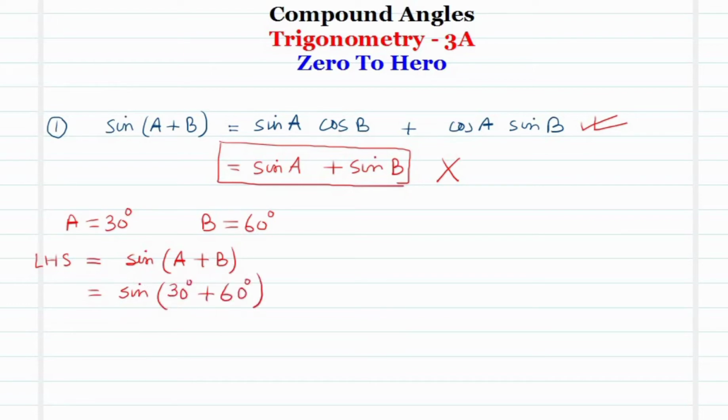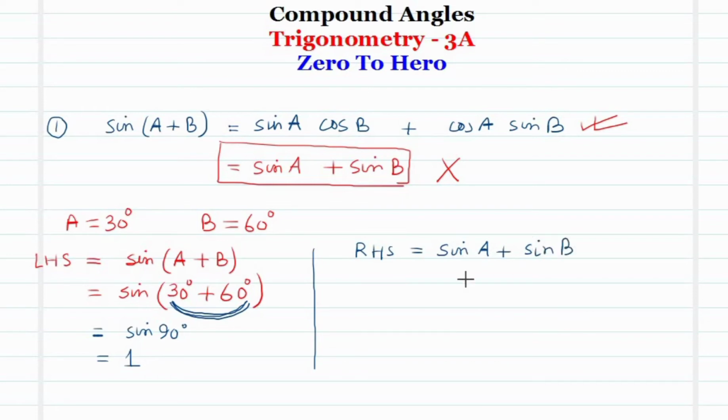One very important point here, that first we need to calculate the value of 30 degrees plus 60 degrees. So it is sine of 90 degrees and the value of sine 90 degrees is 1. On the other hand, the right hand side is equal to sine A plus sine B, that is equal to sine 30 plus sine 60. Sine 30 is equal to half, sine 60 is equal to root 3 by 2.